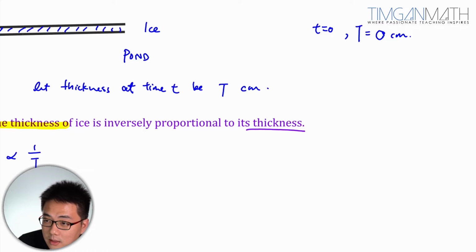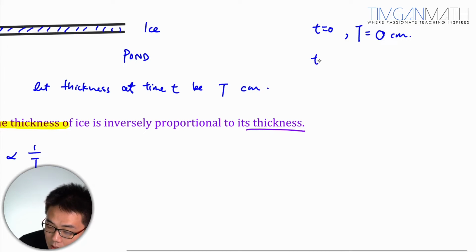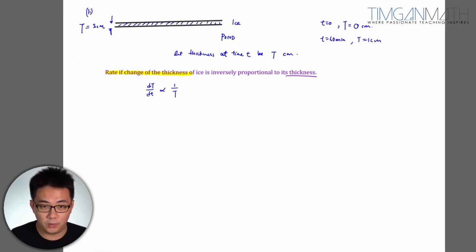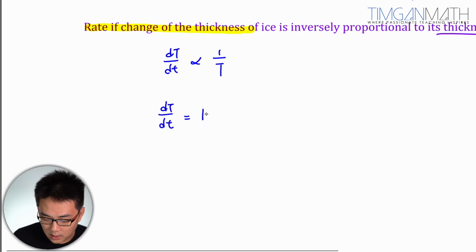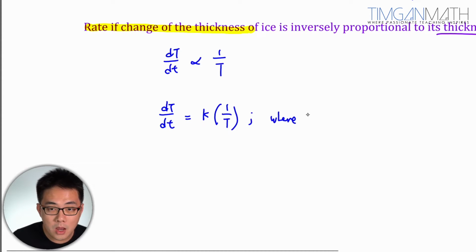After 60 minutes, the thickness becomes 1 cm. This is a boundary condition, so it is also important. Since this is inversely proportional, we write dT/dt equals k times 1 over capital T, where k is a positive constant.